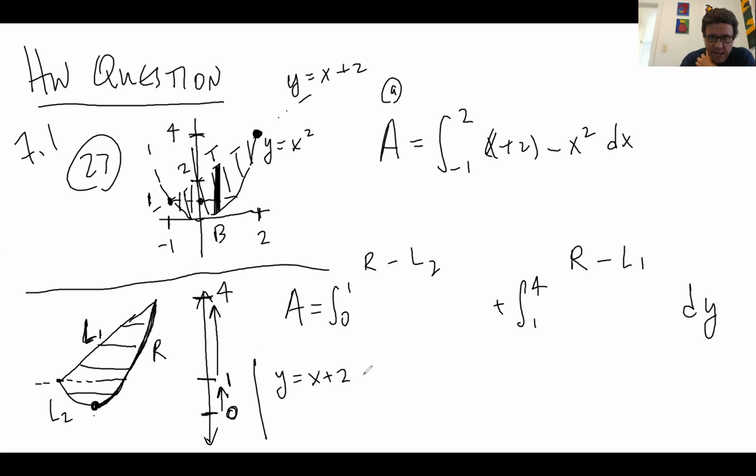If I convert that into the curve or a function x equals, so solve for x, that'll be y minus 2. I just bring the 2 over. And which curve is that? That's the L1. That's the left curve for the top. That's the line.